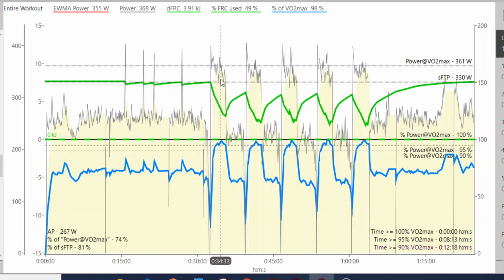If we ask them to target a higher power, then we probably would have got a deeper reduction of FRC, maybe a little bit more time close to 100%, or certainly above 95% of VO2 max. So a higher work intensity might have done the trick.